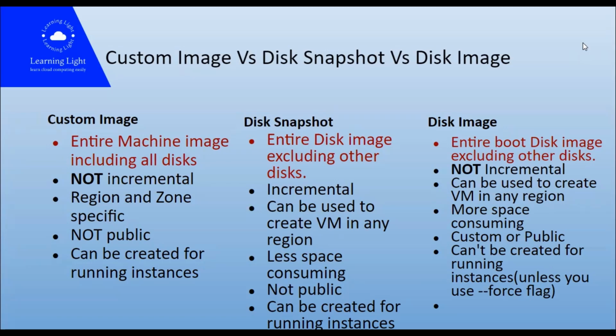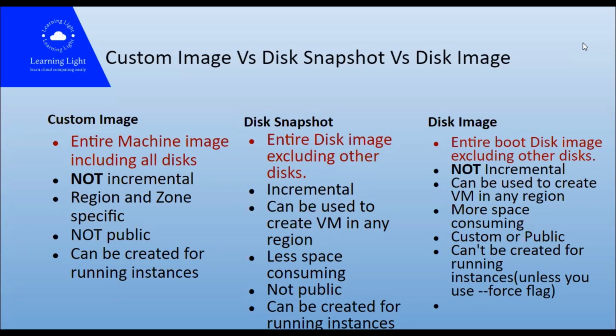It may be any kind of Linux like Ubuntu, Debian, Red Hat Linux, CentOS, Fedora, whatever. Those are the public images. And you can build your own image to select the operating system. Those are basically the custom images.